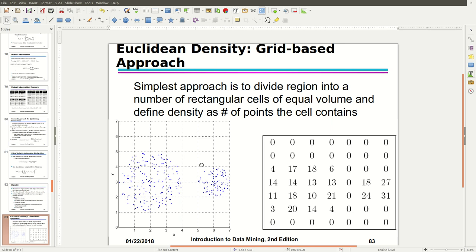So let's take this point here. Initially we have 4 and the next one we have 17. So we count the number of points in each cell and put in a matrix, and then use this matrix to actually come up with the center and use that in clustering, which I will talk about later on, how you can actually use that.